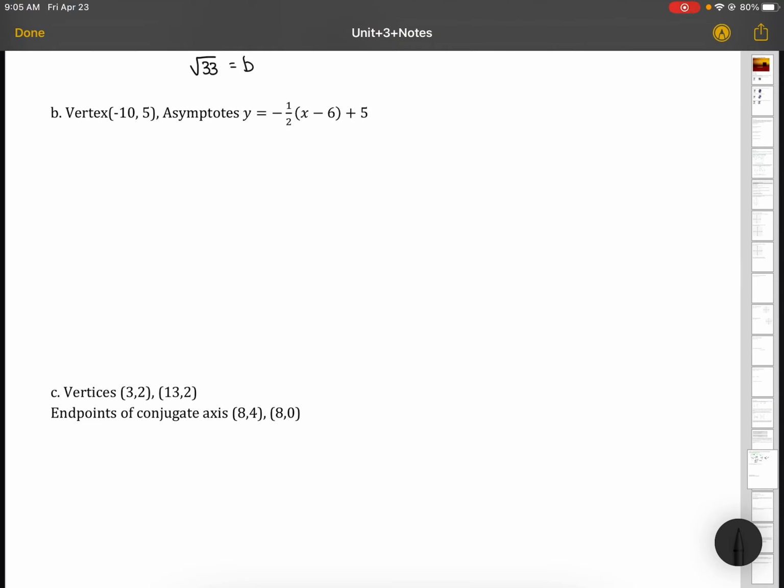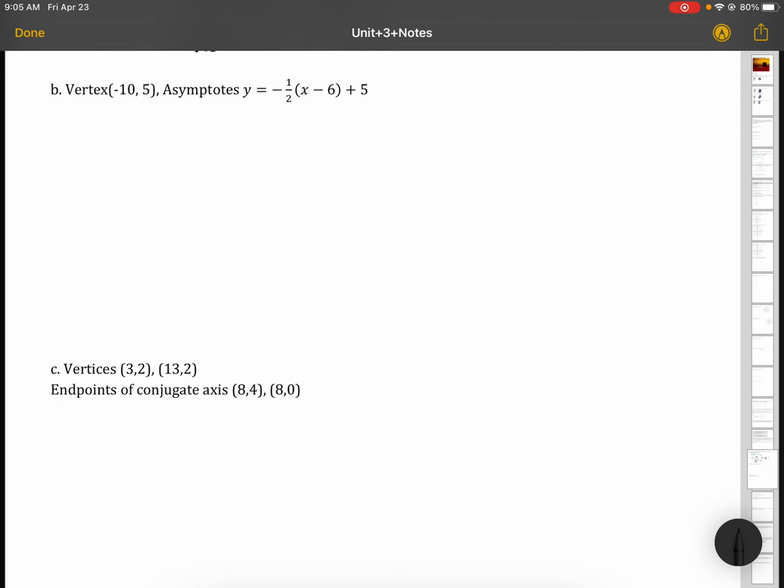For letter B, we have a vertex of (-10, 5) and an asymptote of y - 5 = -1/2 (x - 6). So if we write this in point-slope form, we get y - 5 is equal to -1/2 times (x - 6).